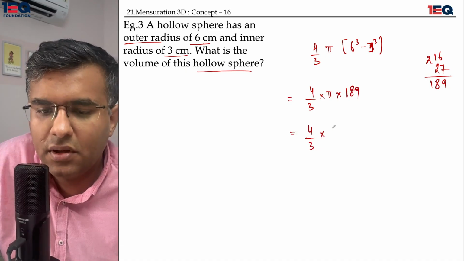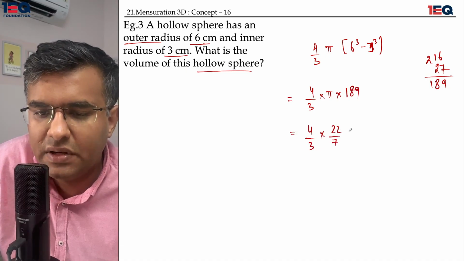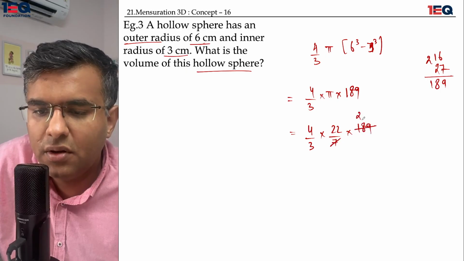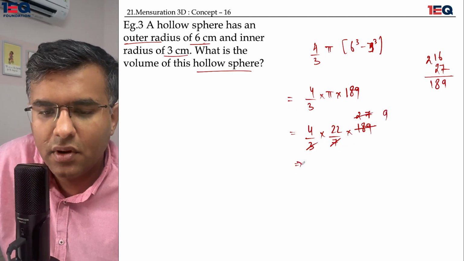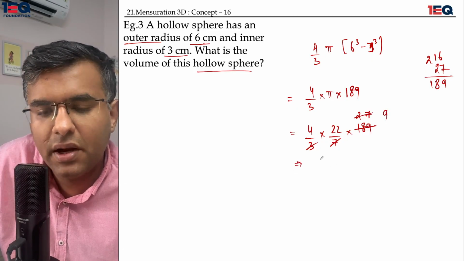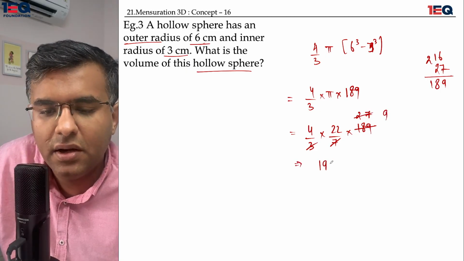4 by 3 into 22 over 7 into 189. 7 2s are 14, 7 7s are 49. So 3 9s are 27. 9 2s are 18 and 9 2s are 18, 198 multiplied by 4.